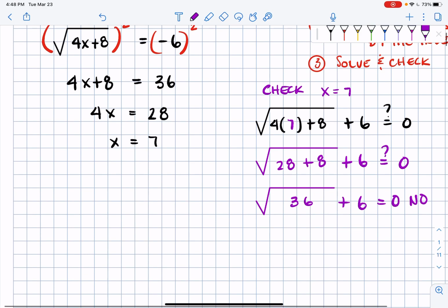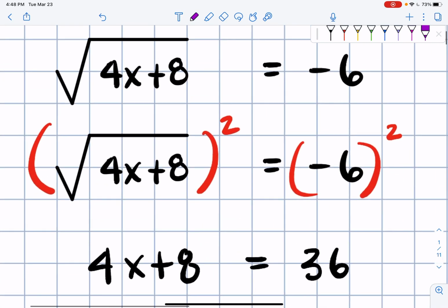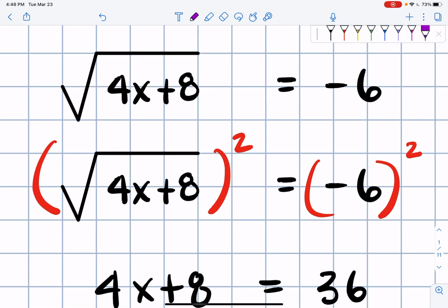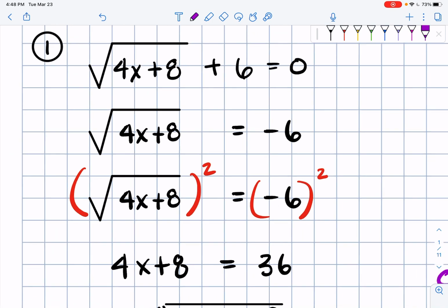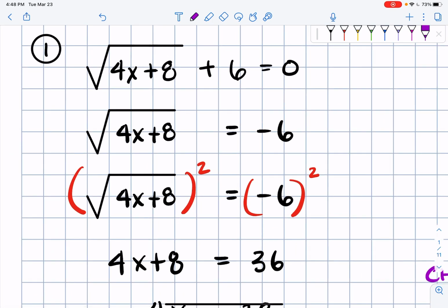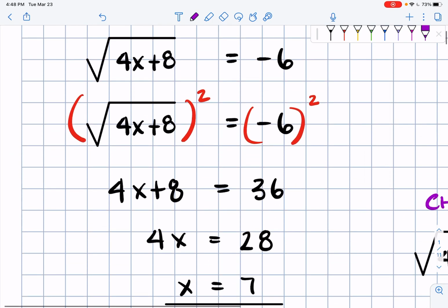So the answer is no. Once I move this over to the other side, I should already know that there was no solution, because I can't take a square root of any number and get a negative 6.